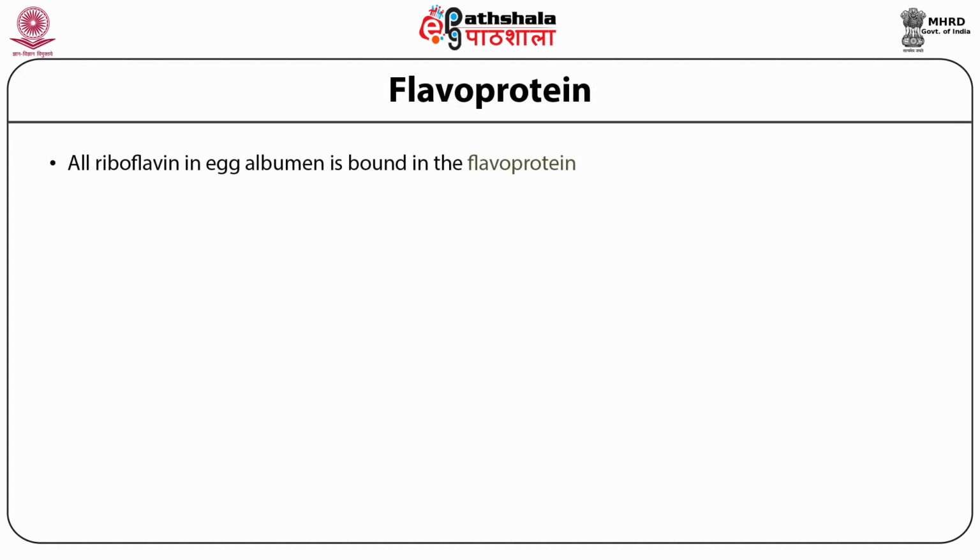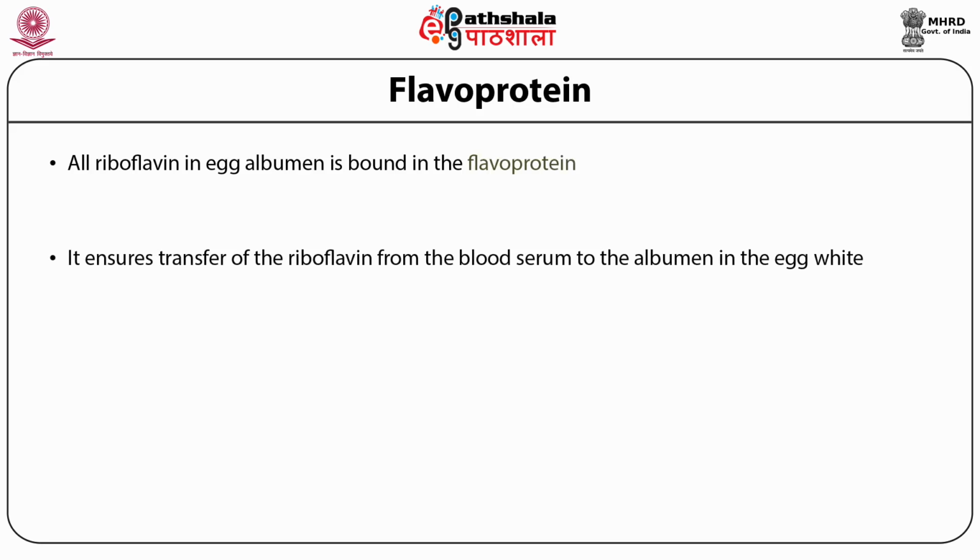All riboflavin in egg albumin is bound in the flavoprotein in a ratio of 1:1. It ensures transfer of the riboflavin from the blood serum to the albumin in the egg white, bound to an apoprotein. That apoprotein is called flavoprotein.